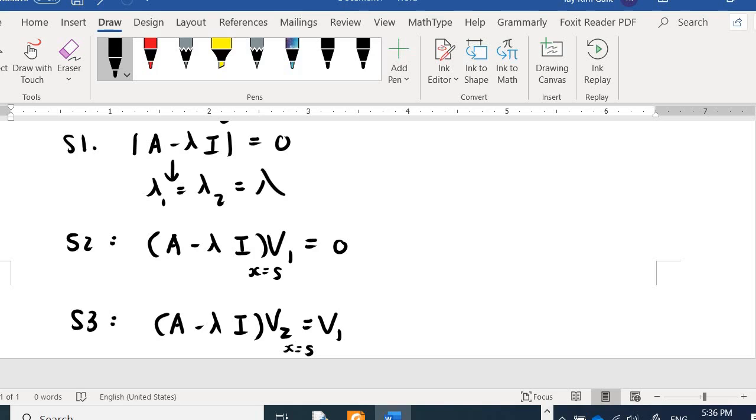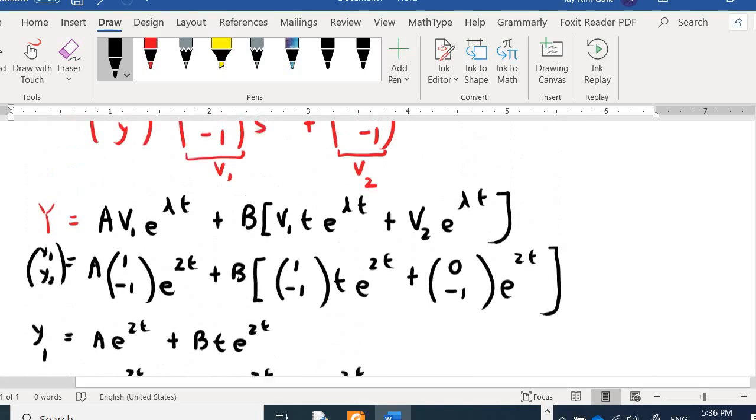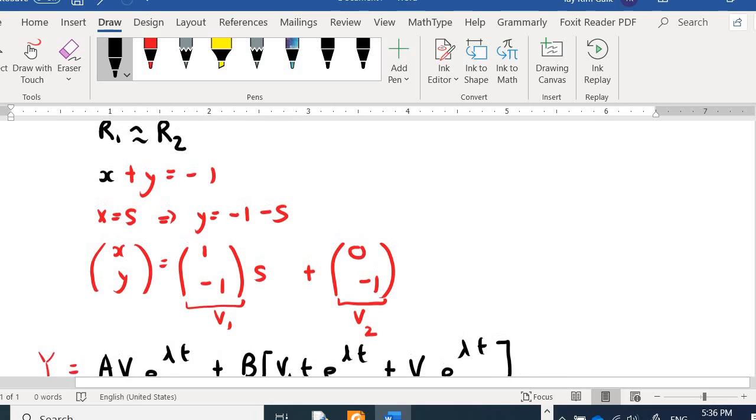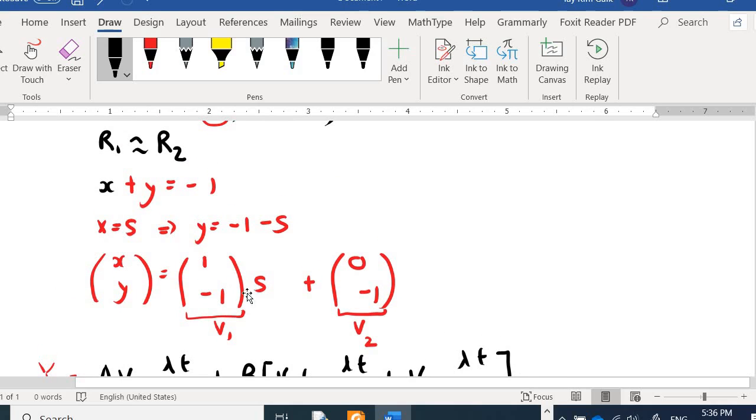If you change, you won't get the nice pattern as this one, and then you will break it. For example, you get like this one. So you break it into a vector dependent on s and a constant vector. So letting s equal to 1, this will always be your V1. The constant vector is always your V2.